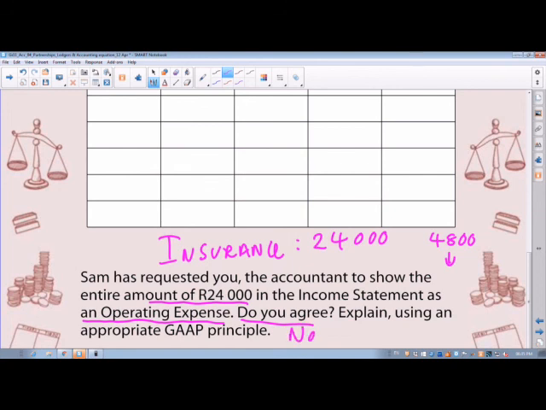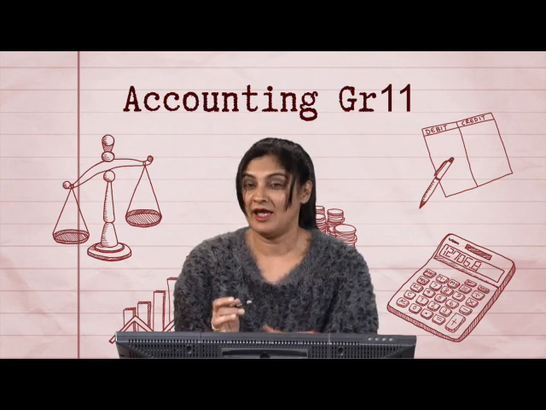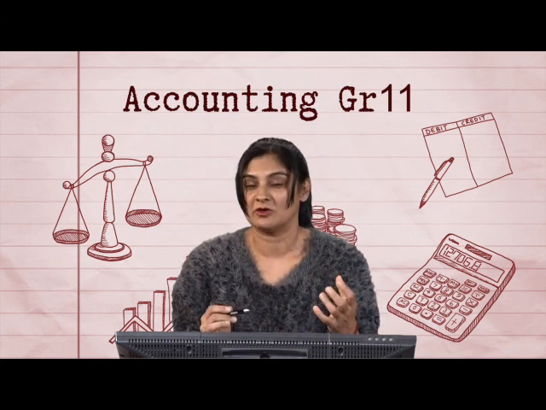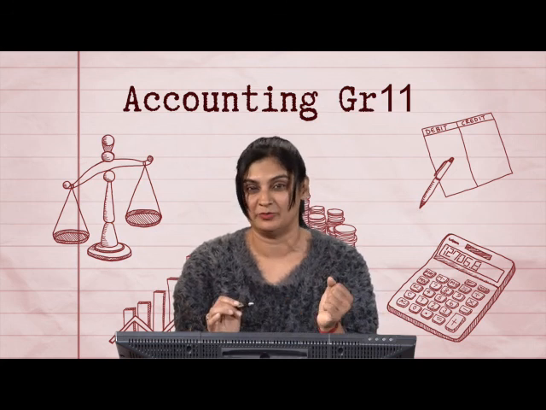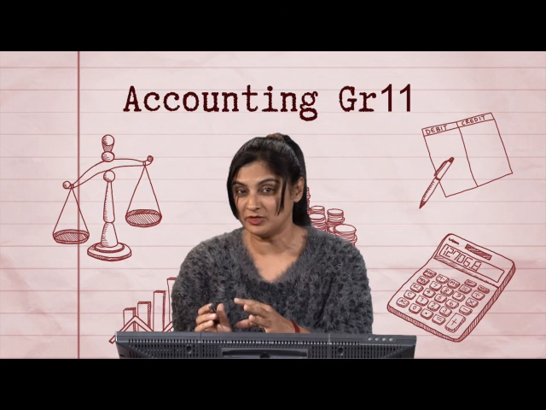You can't show the entire amount as an operating expense because the affairs of the owner and of the business need to be kept separate. And the principle that we're talking about is obviously the business entity principle, the GAAP principle, business entity, where you show all the transactions involving the actual owner separately from the actual business.